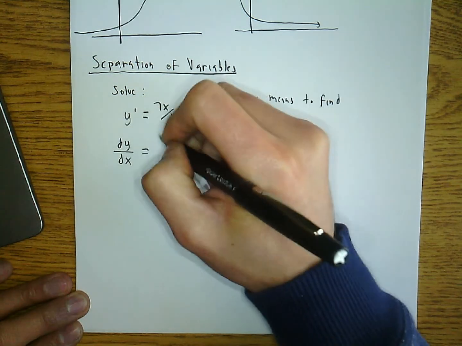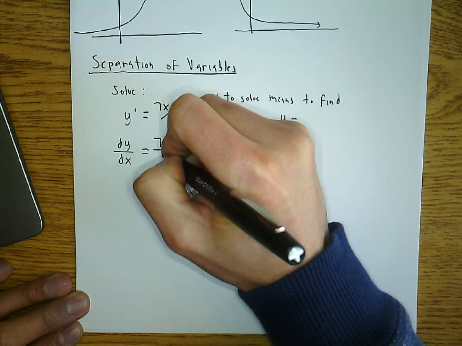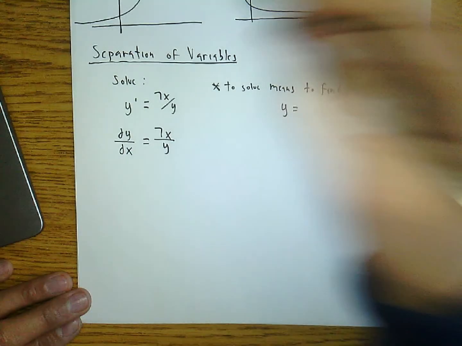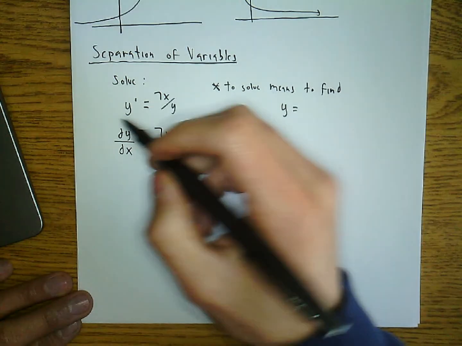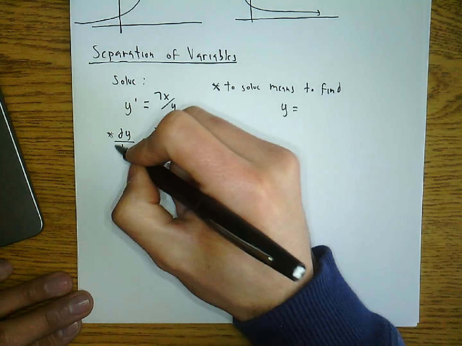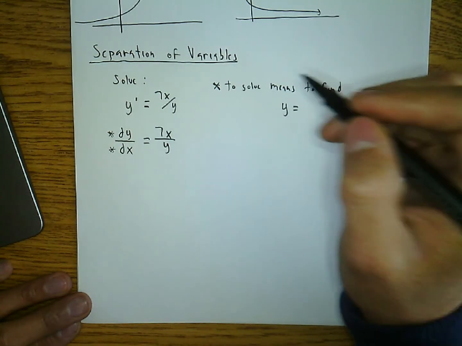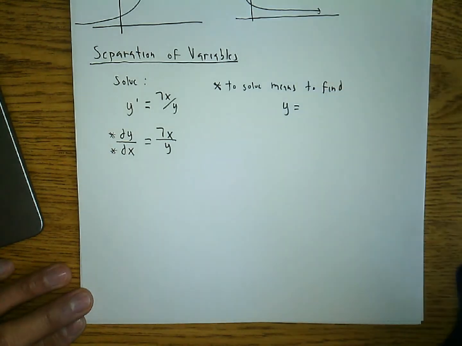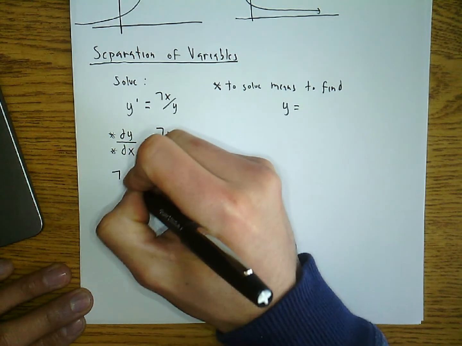Okay. Here is where the skill of separation of variables takes place. You need to get dy with all of the y variables and dx with all of the x variables on separate sides of the equal sign. So I chose this problem because it should be very obvious that all I have to do is cross multiply, and this would give me 7x dx is equal to y dy.